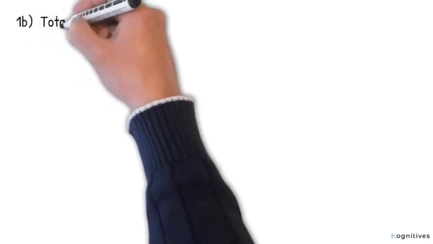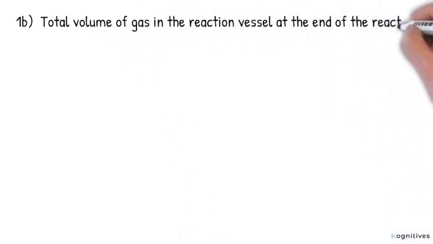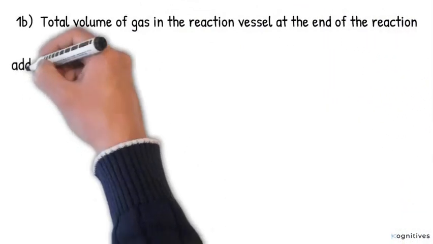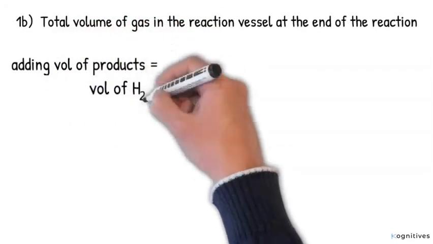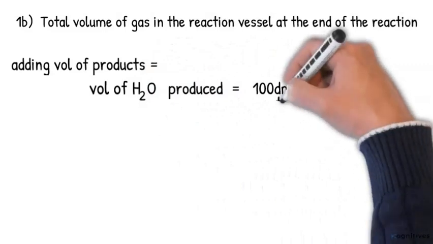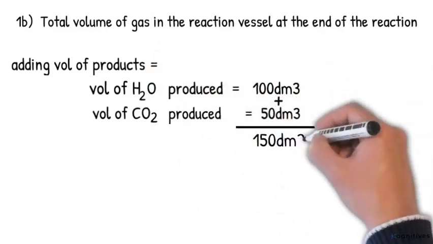Now what if we are asked to calculate the total volume of the gas in the reaction vessel at the end of the reaction? This can be calculated by adding the volumes of the products. The volume of the products in this case becomes 100 dm³ plus 50 dm³, and we have 150 dm³.